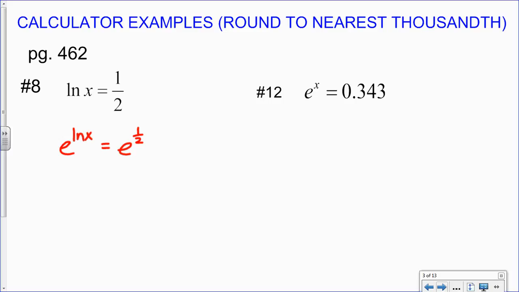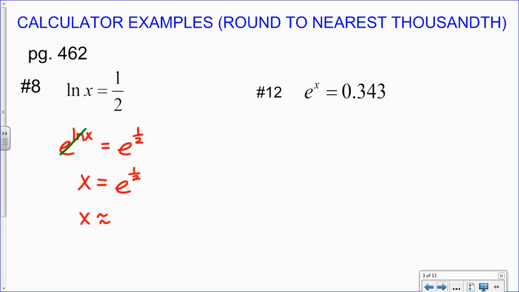Okay, then e to the natural log can cancel, and I'm left with x equals e to the 1/2. So that is my exact answer. Okay, then I want to round to the nearest thousandth. So that's 3 decimal places.